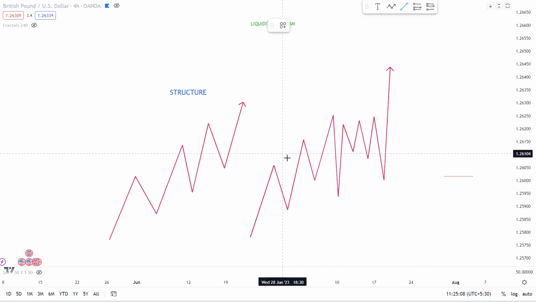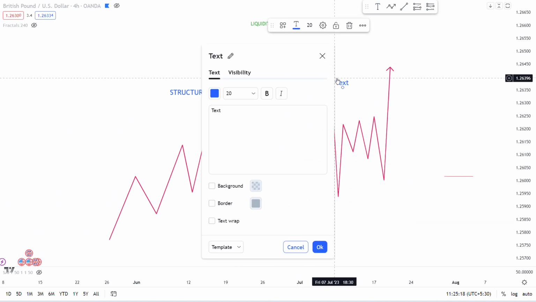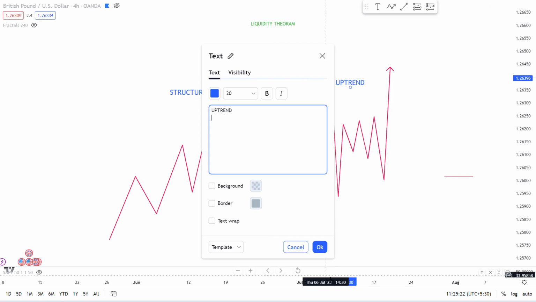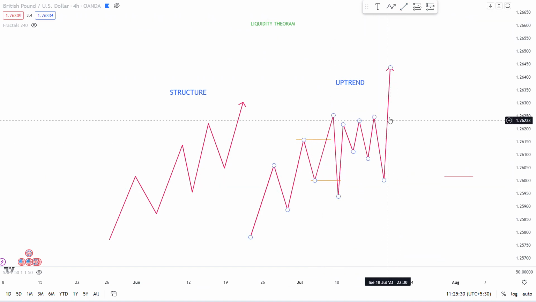In this scenario, what the market makers want to do is induce people before moving in the real direction. So we see the market is in an uptrend. Here, to induce the liquidity, the market makers should give a false break of the structure.